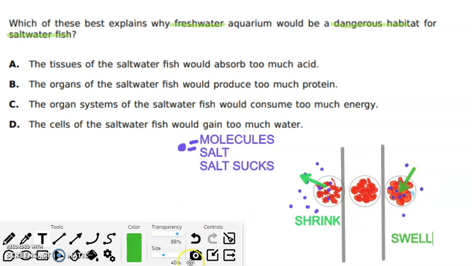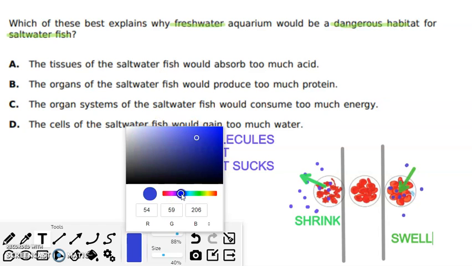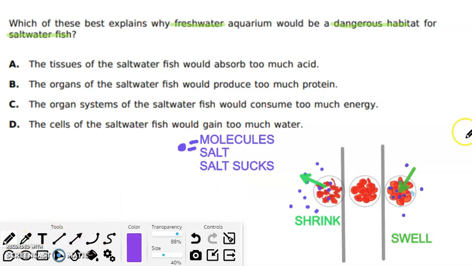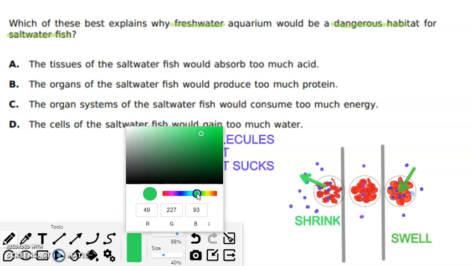Now let's look at the one in the middle. Now the one in the middle, I'm going to go ahead and change the color here back to our purplish, bluish salts. And this one is kind of like the goal to be equal, meaning if I have 2 salts here, then I'll have 2 salts out here, and it'll be totally even, it'll be balanced, it'll be at homeostasis.